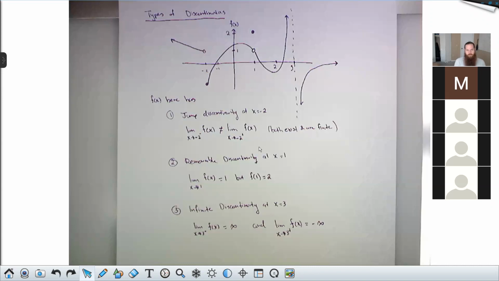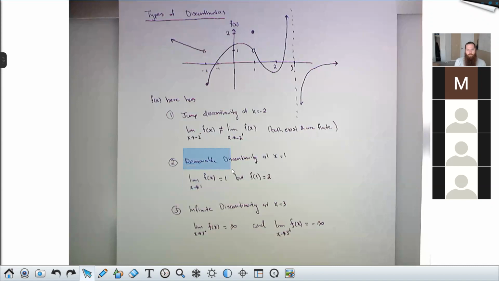And then a removable discontinuity, like we have at 1, is where the overall limit at 1 does exist and is finite, right? The limit as x approaches 1 of f of x does exist. It is 1. It's the y value of this hole, but that's not equal to the value of the function there. The value of the function up there is 2.